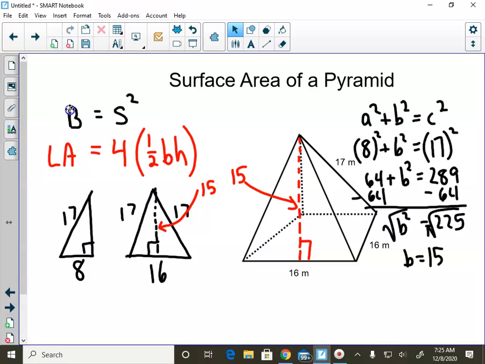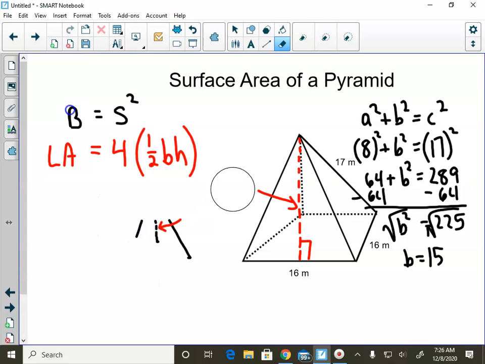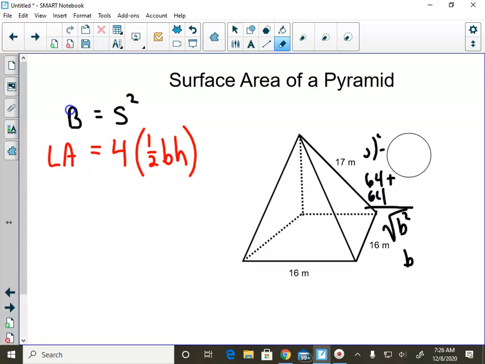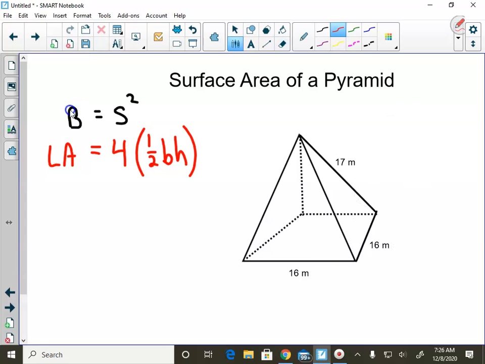So now we're ready to actually find the area. So let's make some room. Again, you can always go back and replay this if you need to see where these numbers came from again. But we know that the height of this triangle is now going to be 15. So we'll just draw that back in.